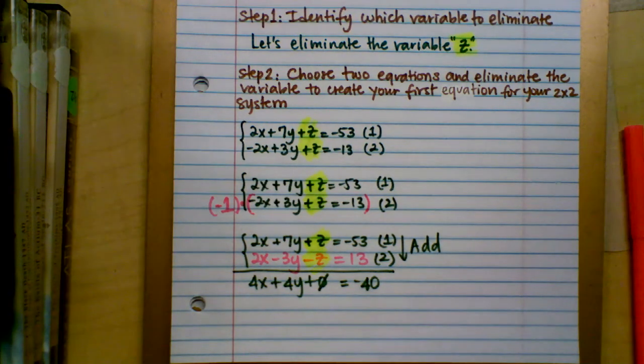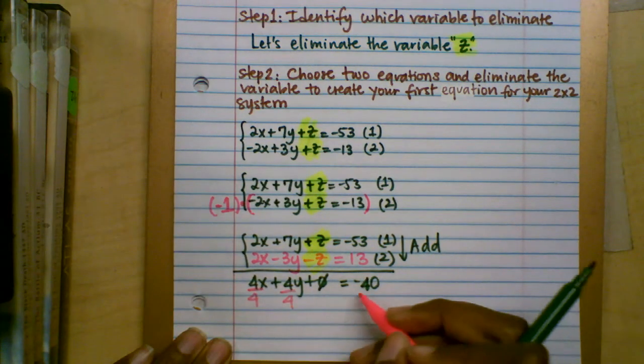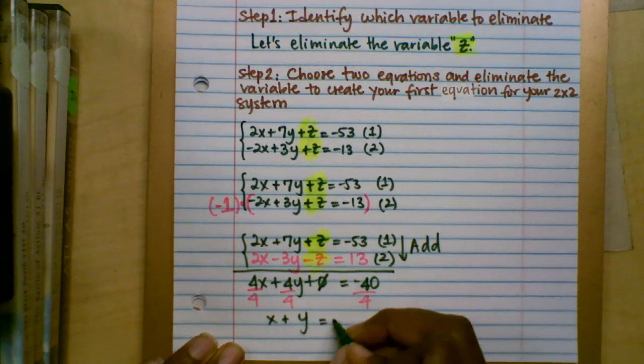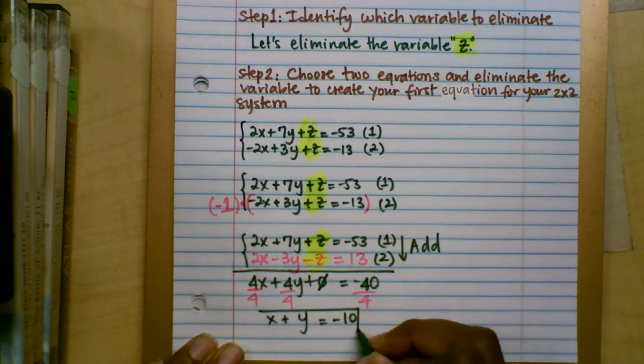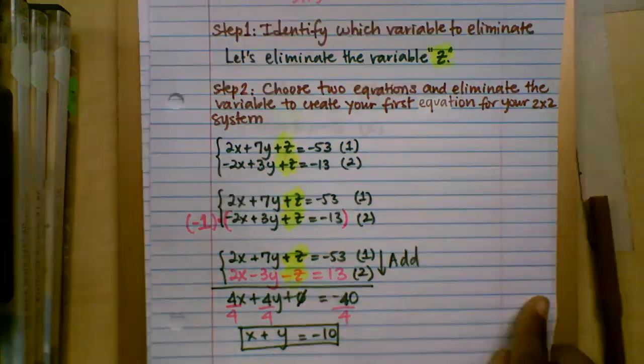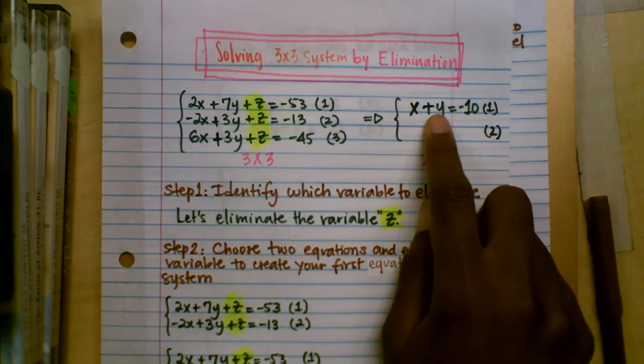So I'm going to divide the entire equation by 4, and it simplifies to x plus y equal -10. So we found the first equation for our 2 by 2 system, which is x plus y equal -10. I wrote it right here.